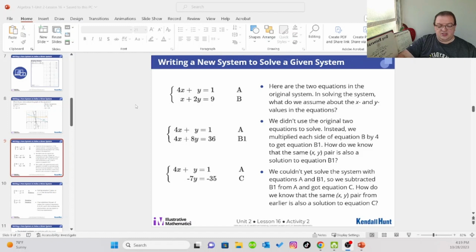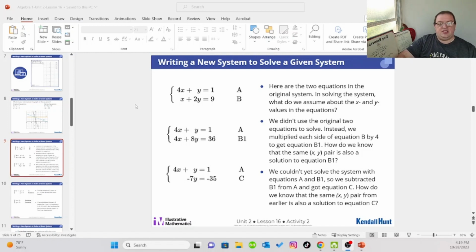We couldn't yet solve the system with equations A and B1, so we subtracted B1 from A and got equation C. How do we know that the same xy pair from earlier is also a solution to equation C?